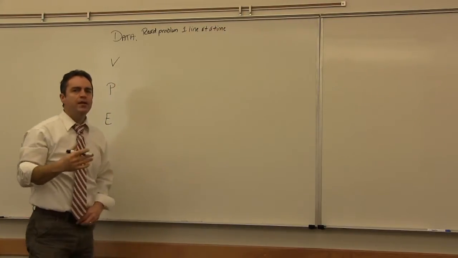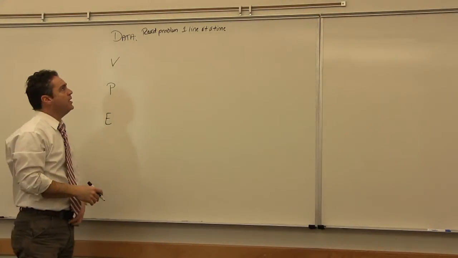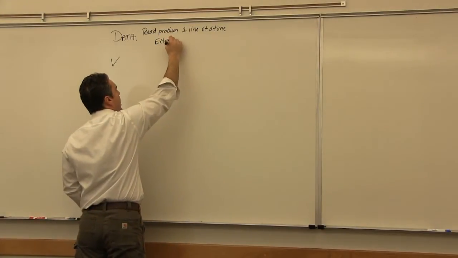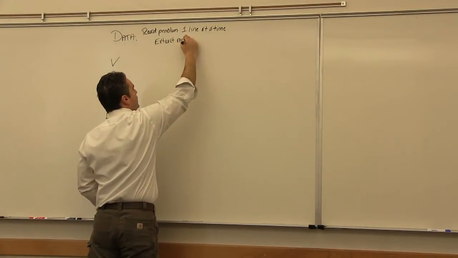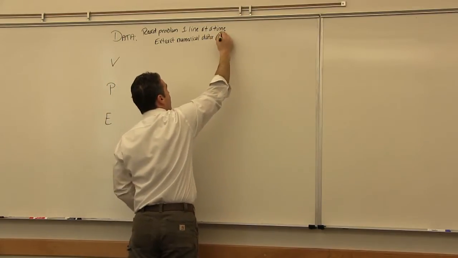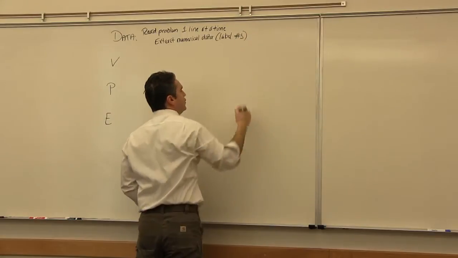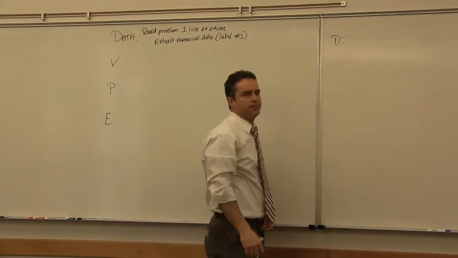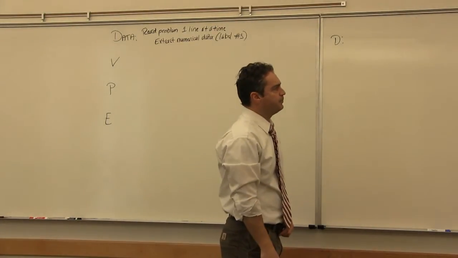But rather than reading the problem one line at a time to understand the story, we're reading the problem one line at a time because we want to extract, which means to pull out, all the numerical data. And when you do this, I want you to label your numbers. All right? So let's read this problem again, and let's write D right here. We're going to read it one line at a time.